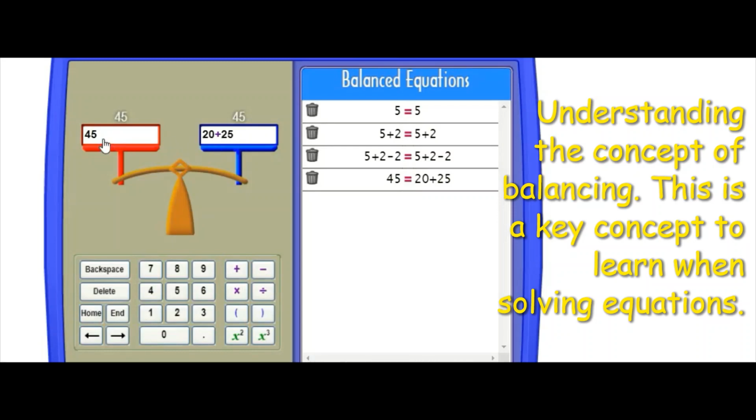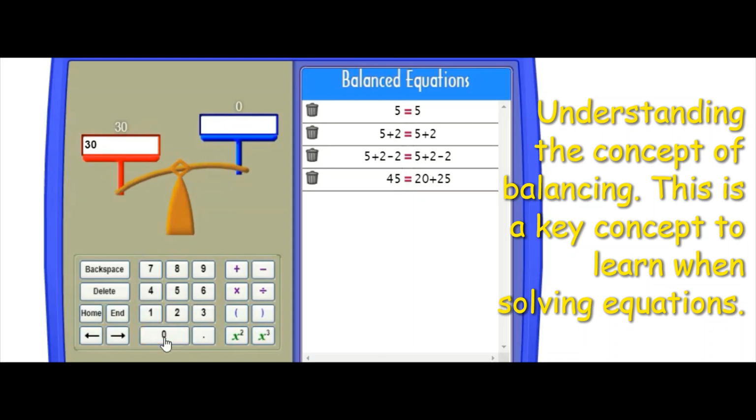Let's say that I reset my scale again, right? What I am going to do, I am going to write 30 on this side. So if I write 30, note that my scale is unbalanced at this stage, but I need to balance my scale. What I'm going to do this time is to write 30 as a difference of 2 numbers, right?